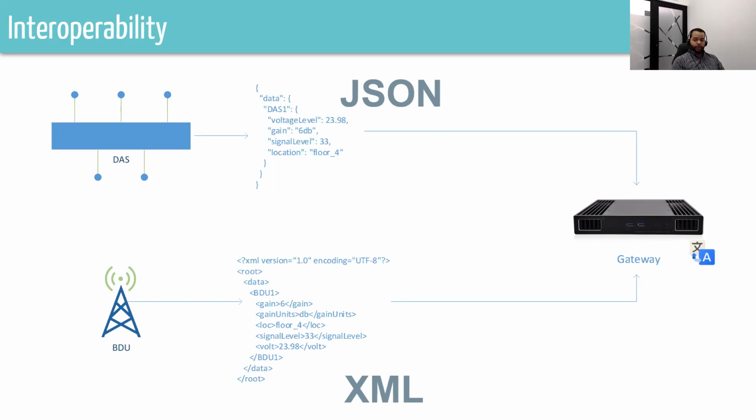The microservice is the function inside the gateway that provides translation from each data type or data protocol into a common language that is presented inside the predictive platform. This allows us to present the same data regardless of the device or what protocol it uses.